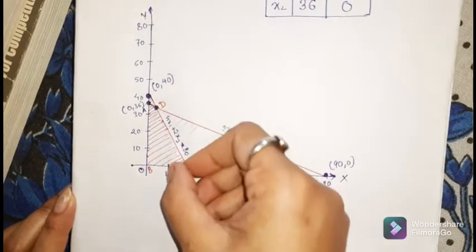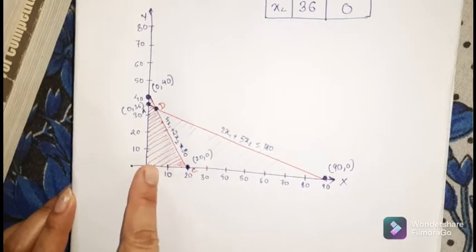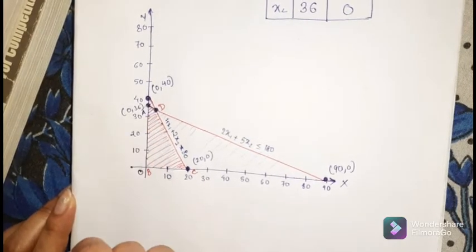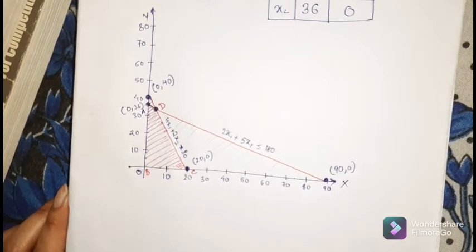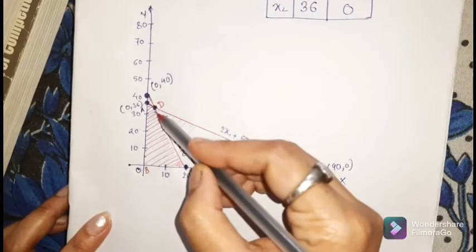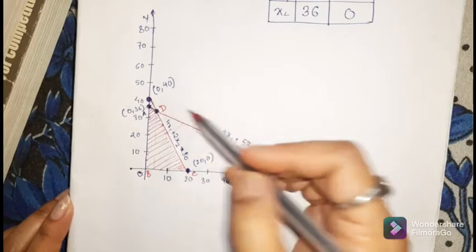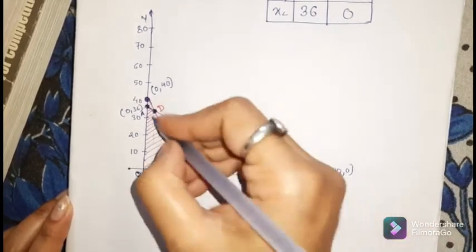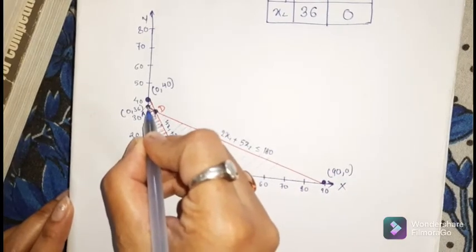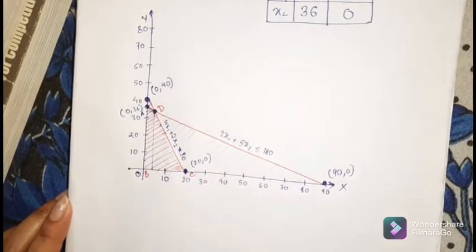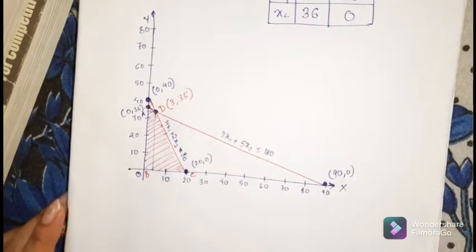I think it is near about 3, and since this is 36 you can take this as 35, so your point becomes 3 and 35.